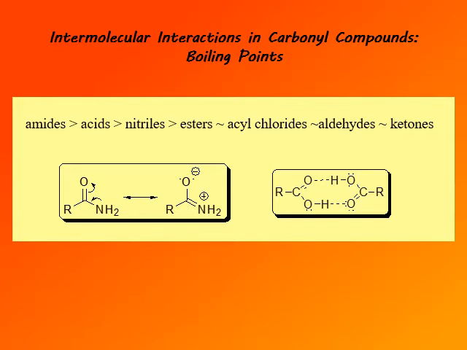Nitriles are not hydrogen bond donors, so on their own they are not capable of hydrogen bonding. There is no hydrogen bonding between different molecules of nitrile. But there is very strong dipole-dipole interaction, and for that reason they exhibit comparatively high boiling points. Not as high as carboxylic acids of similar size, but much higher compared to other carboxylic acid derivatives.